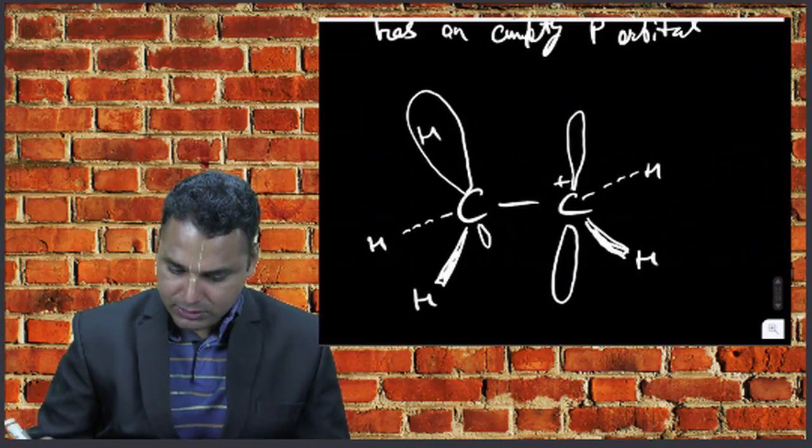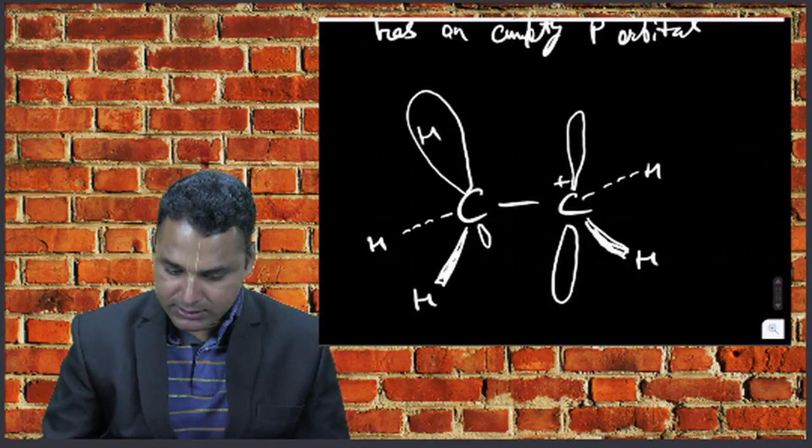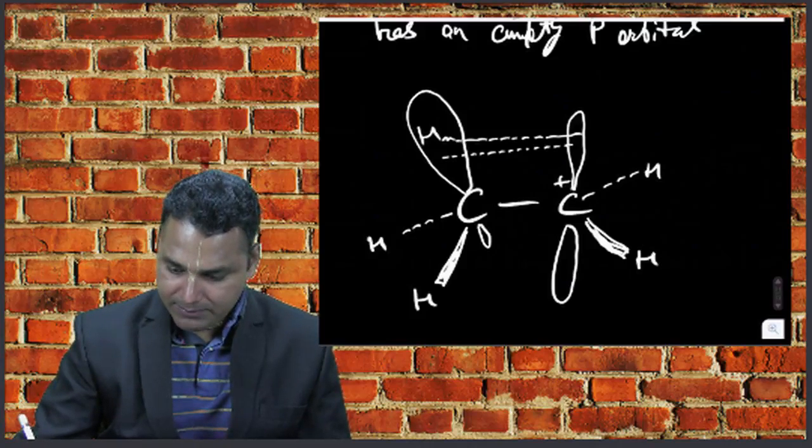Now the hyperconjugation, the delocalization of electrons between this carbon and hydrogen, happens like this.